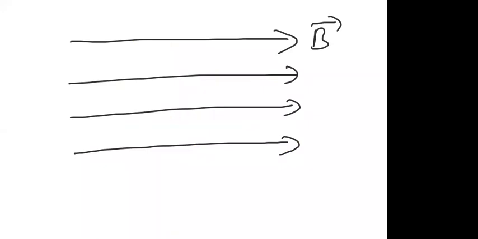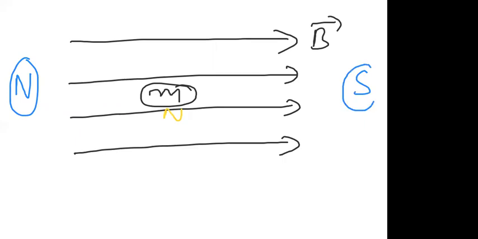Here, if I leave one pole, let me take this as a north pole of pole strength M, what will happen? Remember, magnetic field lines are always directed from north to south.